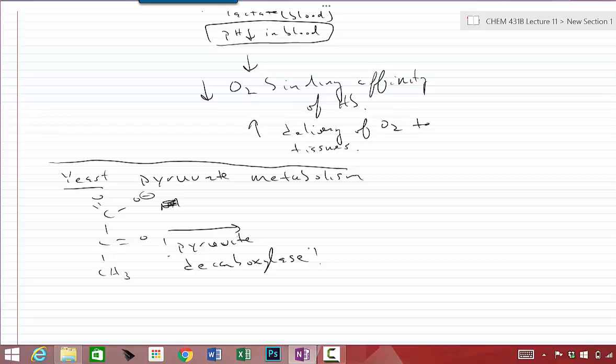Okay, pyruvate decarboxylase. And what we're going to make here is CO2 plus this compound, and that molecule is known as acetaldehyde. Acetaldehyde.